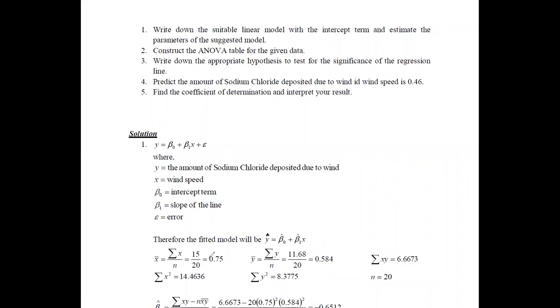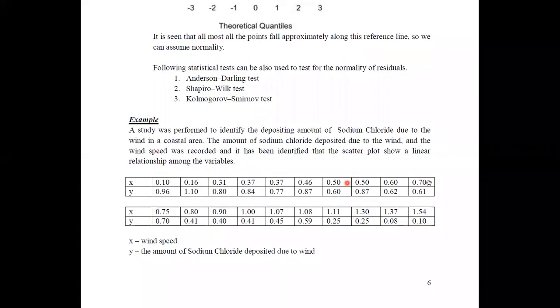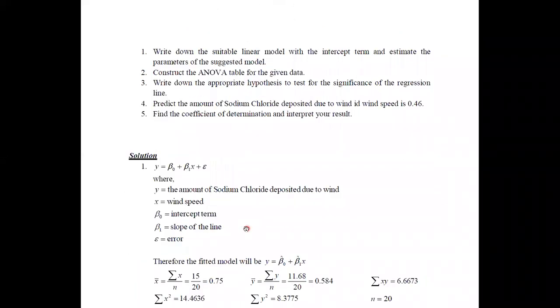To estimate the values for beta naught hat and beta 1 hat, we need these summary values. First of all, I have taken the x bar and y bar values. For x bar, I added the x values appearing in the x row, and then divided by the number of observations.